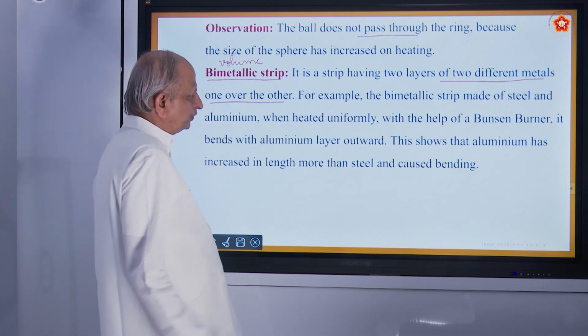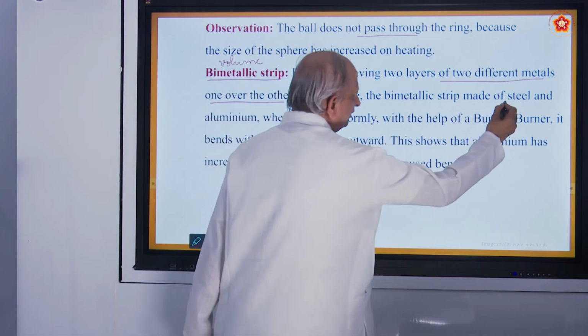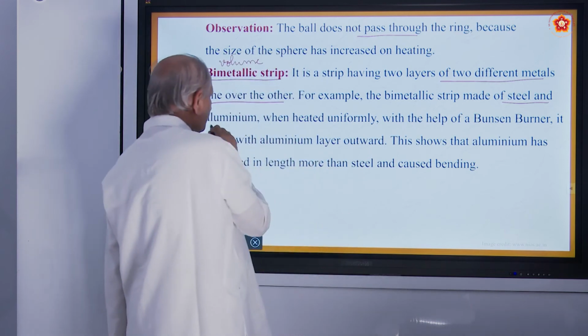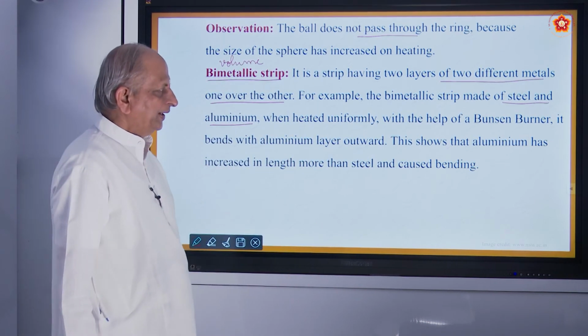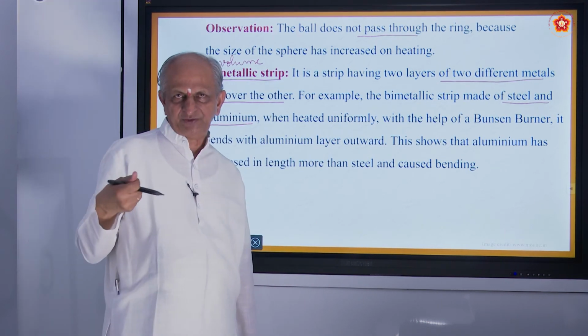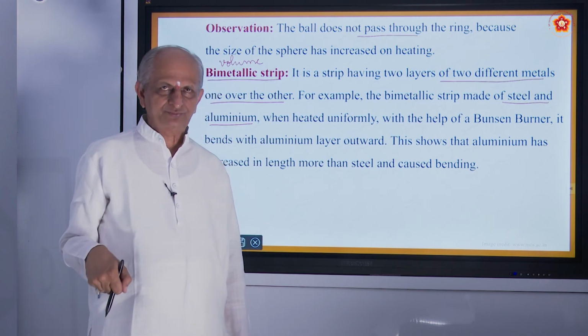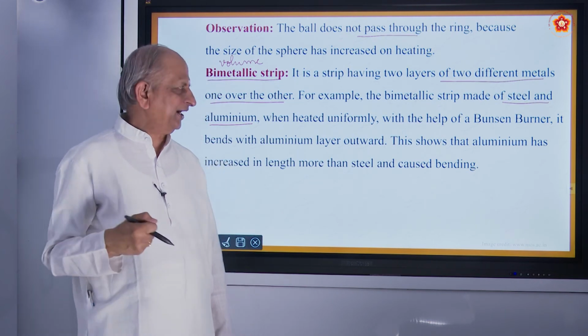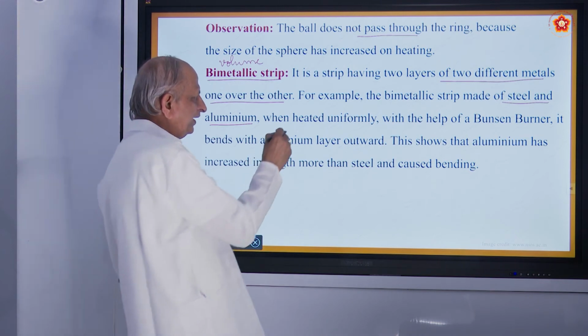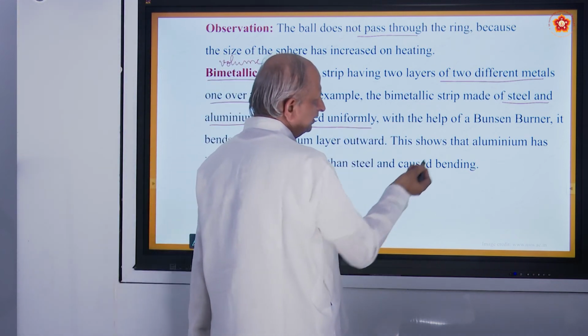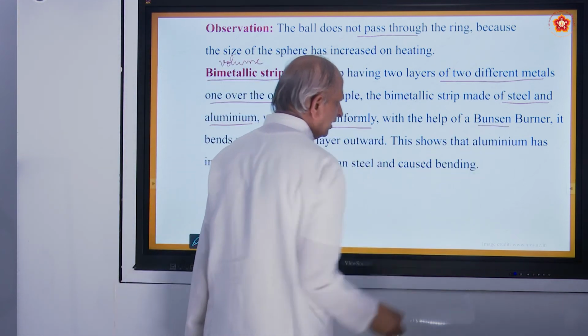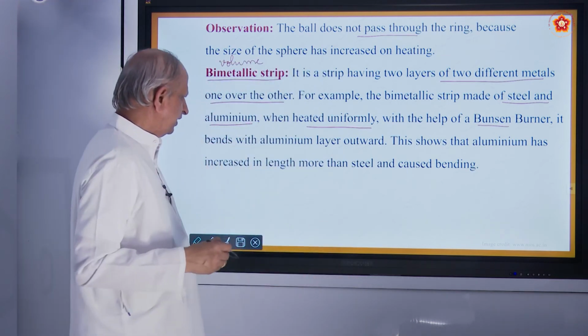Usually, one example is steel and aluminum. So when two metals are kept with the same handle, and if they are heated, what happens? When heated uniformly, with the help of a Bunsen burner, it bends.